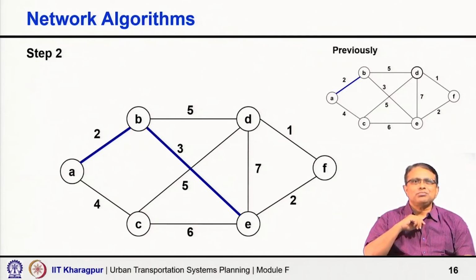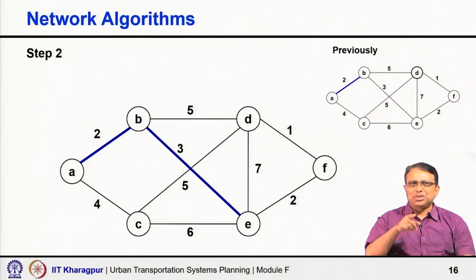Then what are my other connections now? A to C is still there with 4, B to D is still there with 5, but now E is also connected. So, E to F is 2, E to D is 7 and E to C is 6.